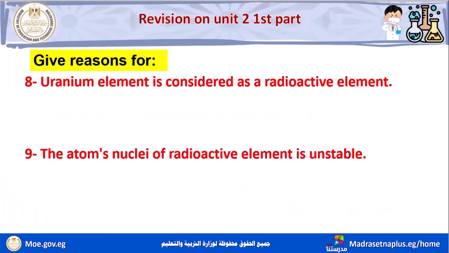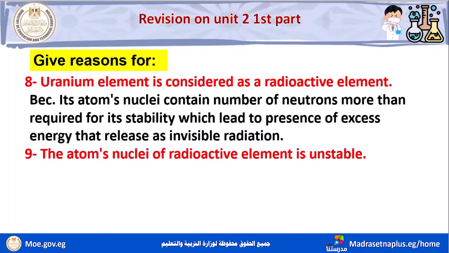Question number 8. Uranium element is considered a radioactive element because its atoms' nuclei contain a number of neutrons more than required for its stability, which leads to the presence of excess energy that is released as invisible radiation.